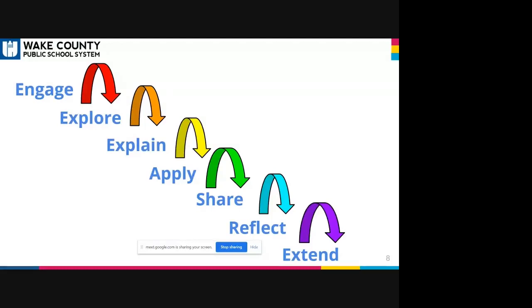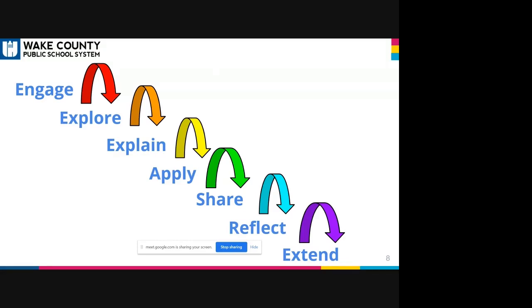So one way of thinking about it is that as we build out this content, it's just like what we do normally with our kids. But we are going to engage them and we are going to allow them a chance to explore, explain, apply what they've learned. And then the key pieces really fall towards the end, which is that we want kids to be able to share.